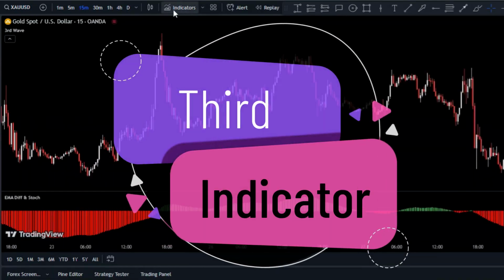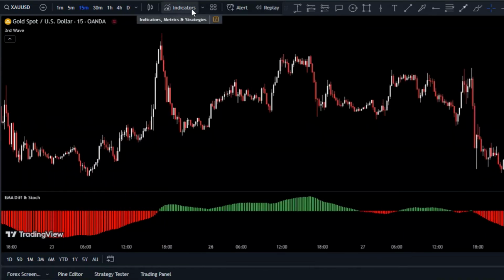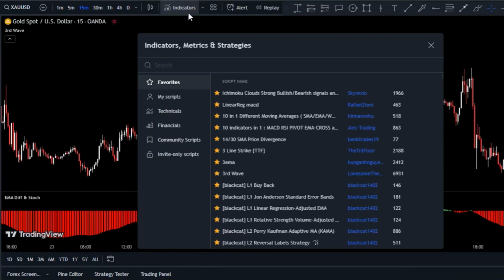And now, in the final step, we will add the SMA or Simple Moving Average indicator to the strategy.